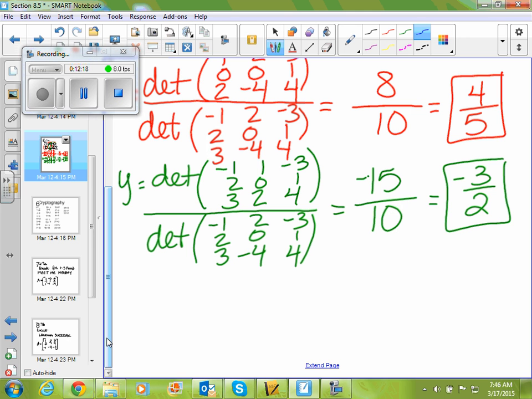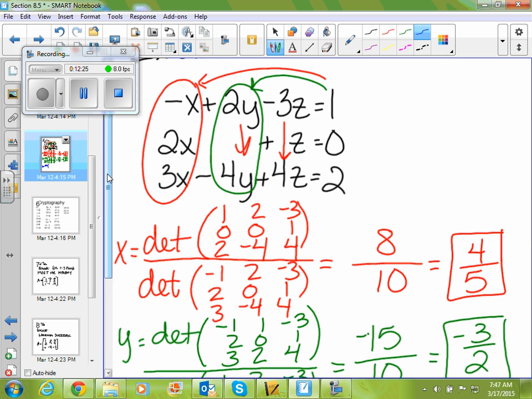Alright, and then lastly, we're going to find what z equals. The same process goes for z. We're going to get rid of our 0, and replace it with our solutions.